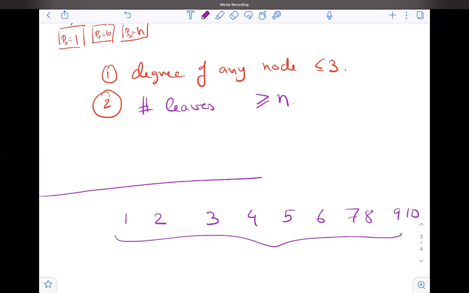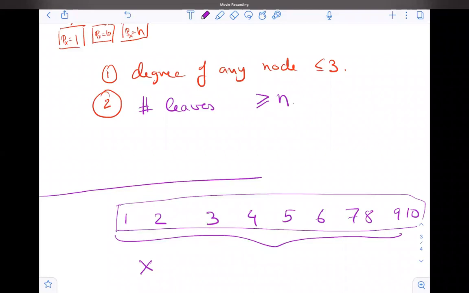Now I'll give you an x and I tell you, go and find the position of x. You have stored it in some way. You have to tell me something, right? What all possible answers can you give me? There are 11 possibilities, right? So that means n plus 1.